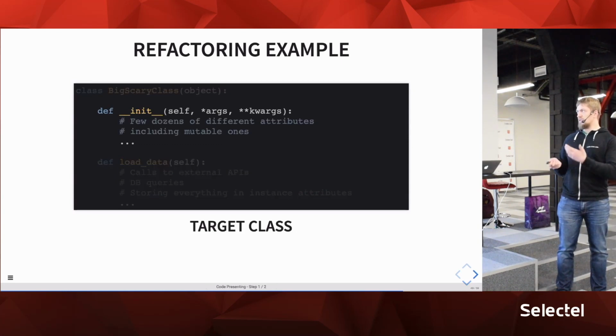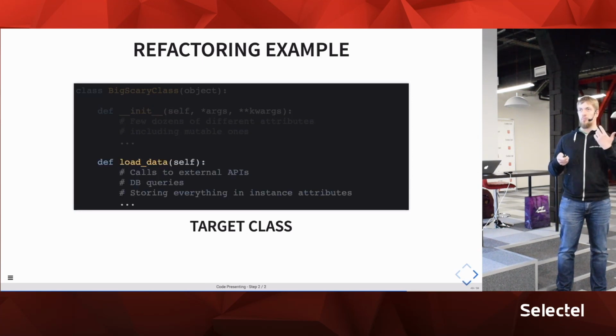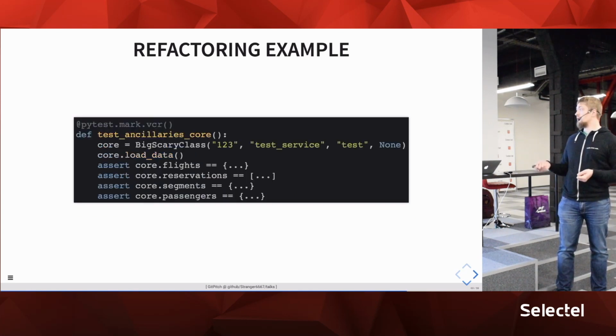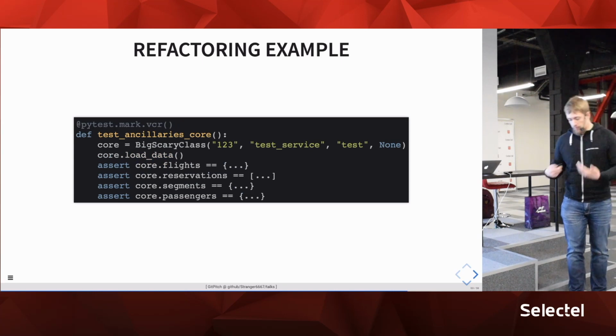Basically, there were dozens of different attributes, including mutable ones, and there was a load data method that just made everything. There were some calls to external APIs, database queries, and everything was stored in instance attributes.